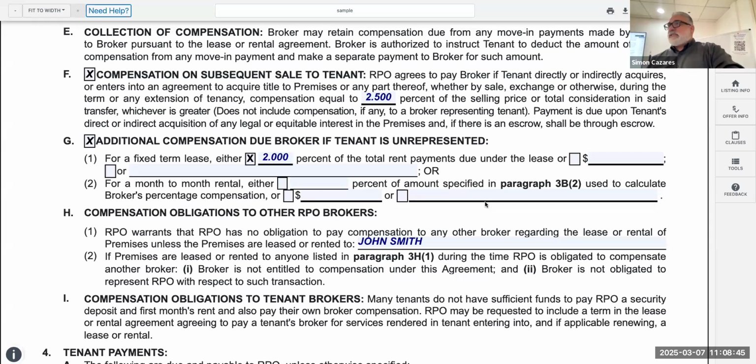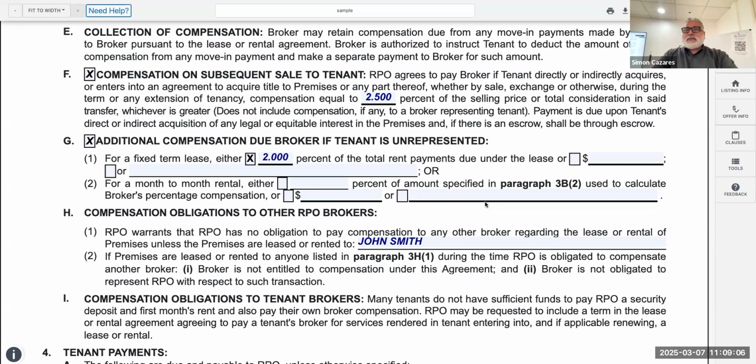But under those circumstances, you can try to see if it sticks, then put section F as part of the compensation if the sale is to the tenant. Meaning that if the landlord sells to the tenant, you may be able to navigate a conversation and ultimately get paid commission for that.